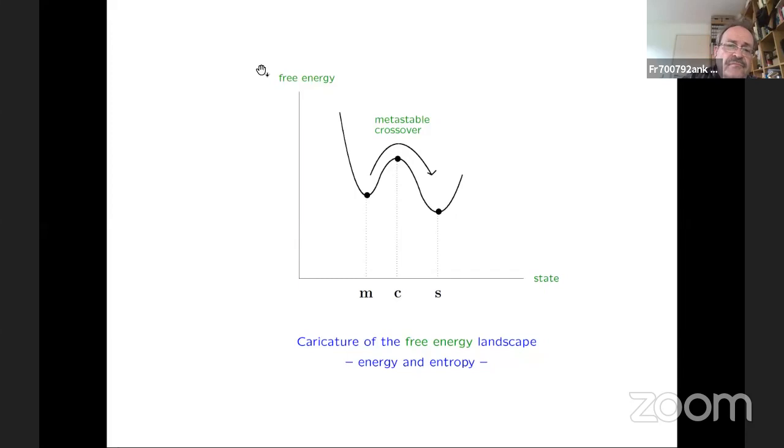Now, on top here, I have written not energy, but free energy. And that is because this picture is no longer only looking at the Hamiltonian, not only at the energy, because we are going to be interested in very large graphs. We will have to deal with entropy. So entropy is going to come into the game.